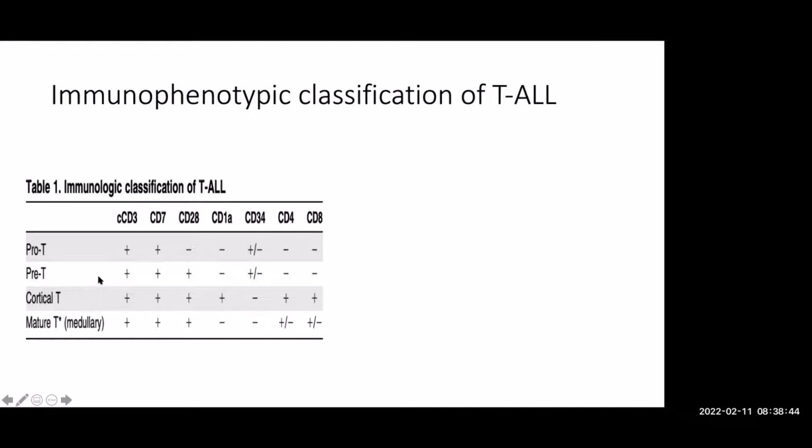As we have seen initially, these cells lack the expression of CD1A because these are present in the subcapsular region, and the cortical T cells have the presence of CD1A and expression of CD4 and CD8. These are the double positive T cells, whereas the pro and pre T cells are double negative T cells and lack the expression of CD1A. And the mature T cells lack the expression of CD1A and have expression of either CD4 or CD8.